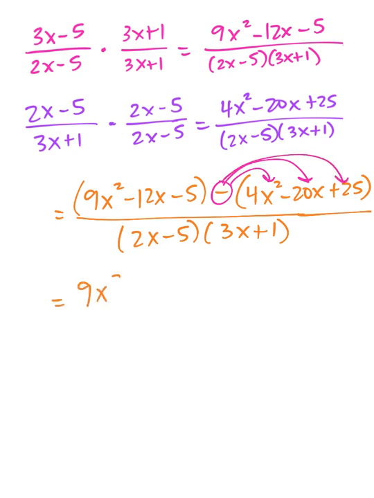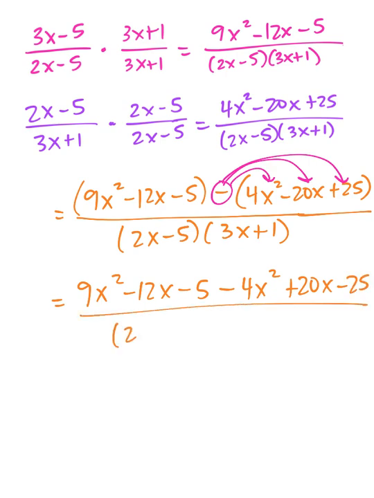So 9x squared minus 12x minus 5 minus 4x squared plus 20x minus 25 all over my common denominator.